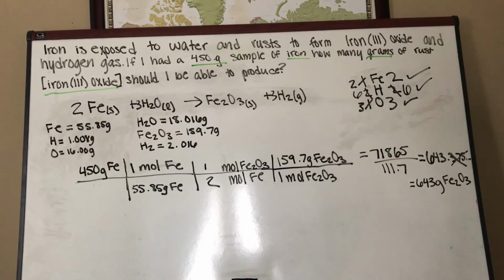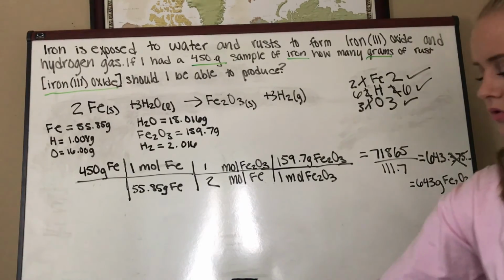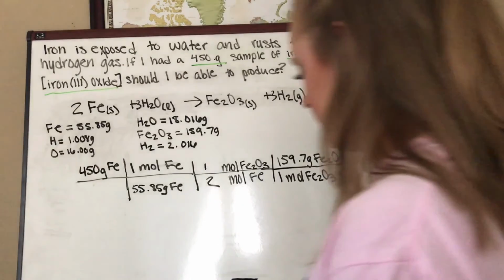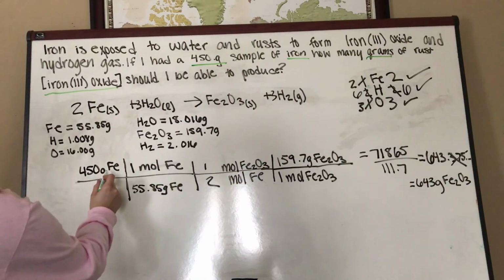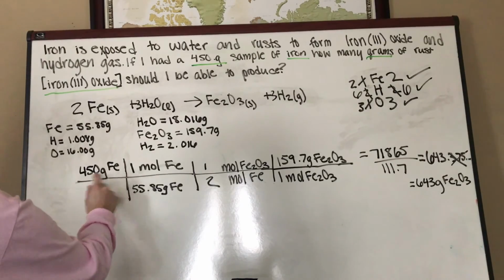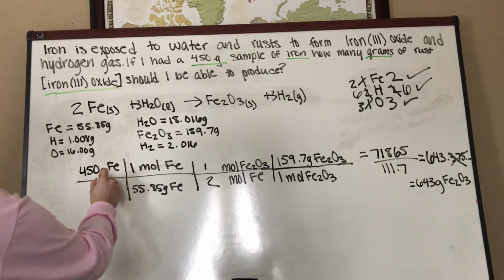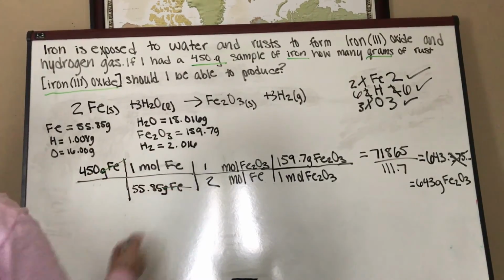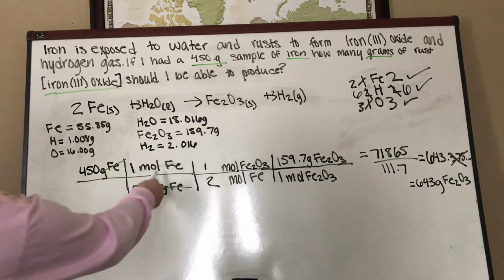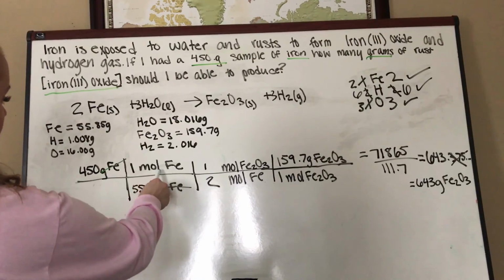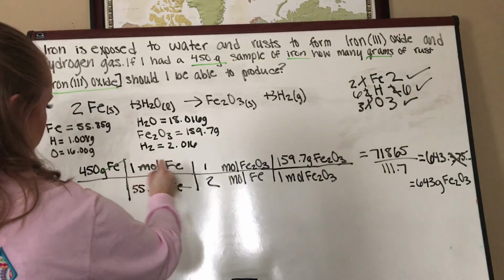Now to double check that this works, we're going to go through and cancel everything. First, we cancel out our grams of iron, here and there. Now grams of iron is gone, and we are in moles of iron. You can see that is canceled out here and here.